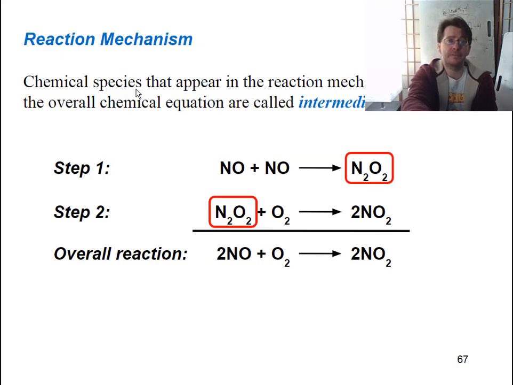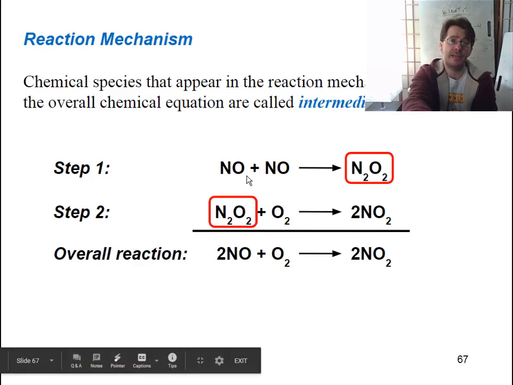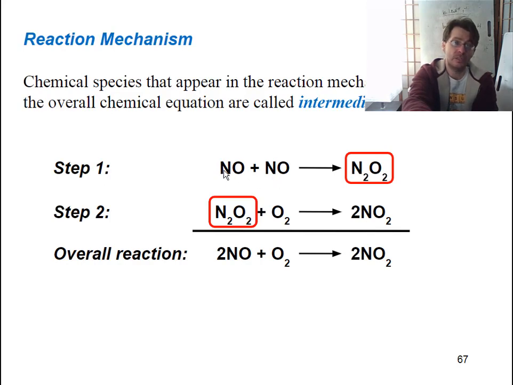So a good example of this would be something like the decomposition of NO and oxygen reacting together. NO plus NO makes N2O2, and then it reacts to form this lovely brown gas, NO2. And so it requires oxygen to be present for this to happen, but the first step is combining of these two molecules to form this N2O2, but that then is consumed.